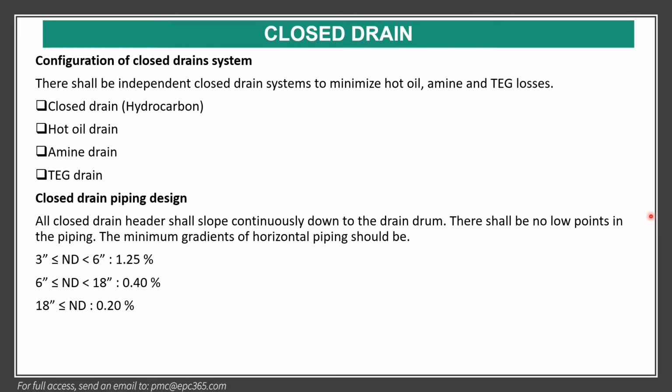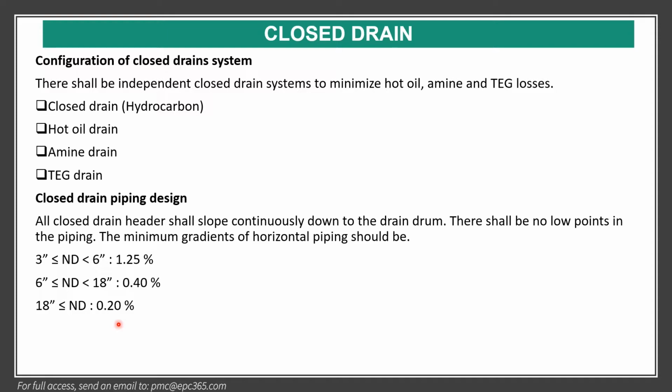Closed drain piping design. All closed drain headers shall slope continuously down to the drain drum. There shall be no low points, which is very important in the piping. The minimum gradient of the horizontal piping should be, by nominal diameter: between 3 inch and 6 inch, 1.25%; between 6 inch and 18 inch, 0.4%; and greater than 18 inch, 0.2%.